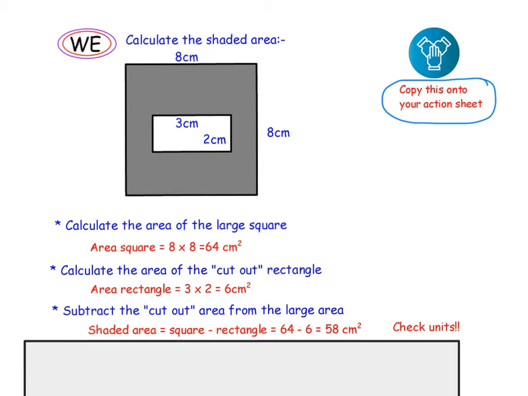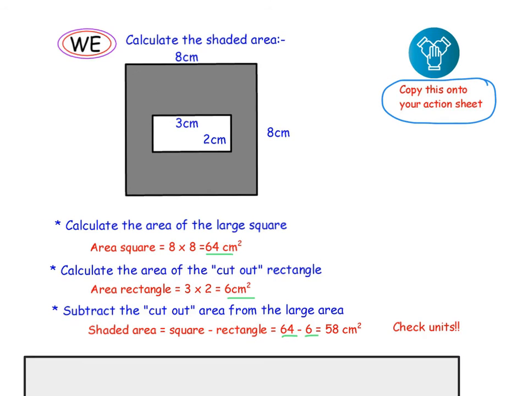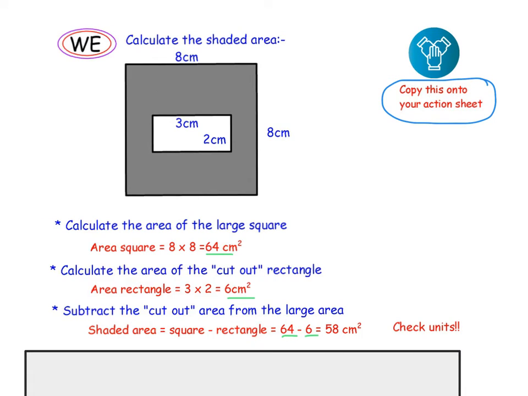The square was 64, and we're going to take away the area of the rectangle, which is 6. So 64 take away 6 is 58 centimeters squared. I'll put a little note there. Check your units. We are talking about area, so squared units for area.